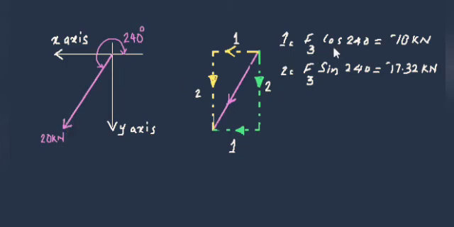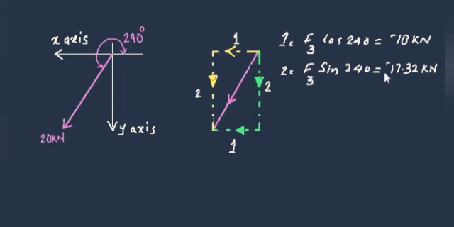So cos 240 into F3 will give you the x direction component, or the component along the x-axis, and sine 240 into the force will give you the vertical component, or the component along the y-axis. So minus 10 and minus 17.32.